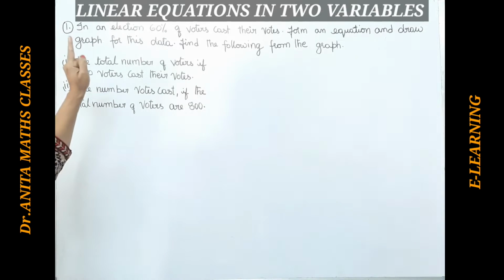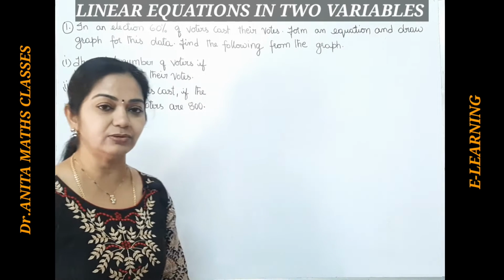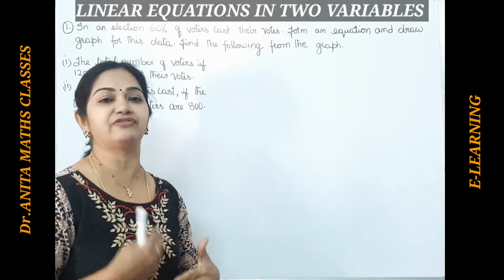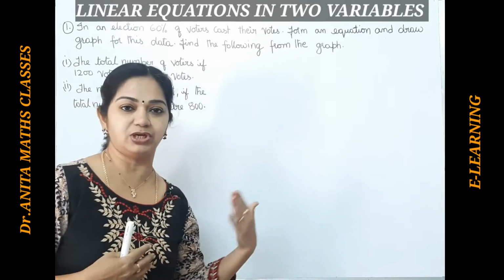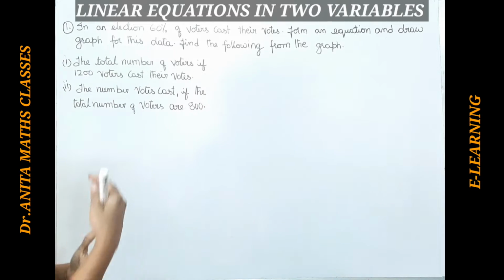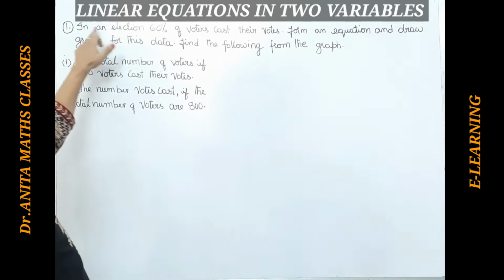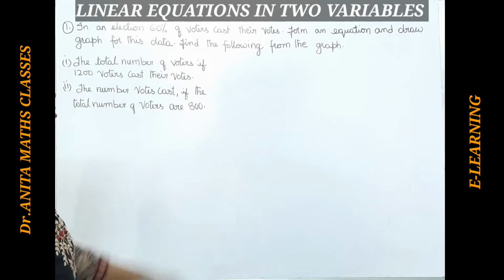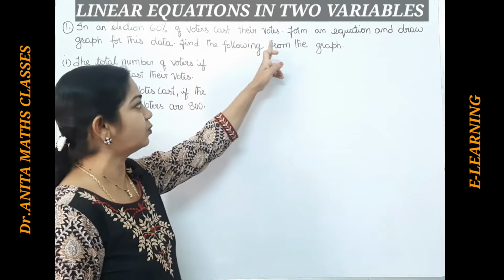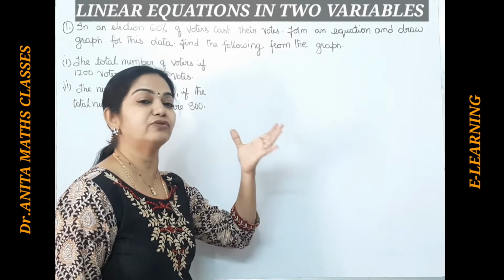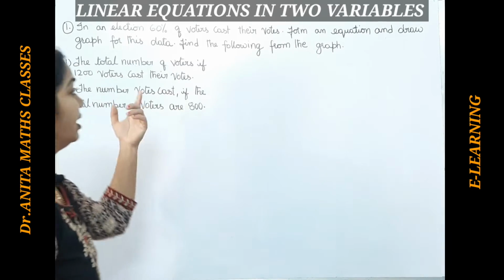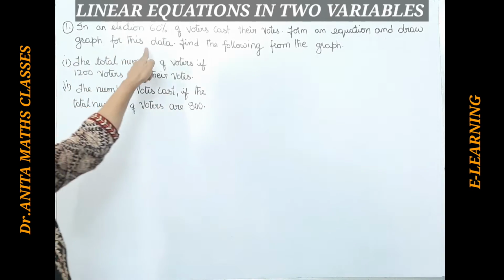Now in that, the first one I have noted down. We were doing the graphical problems in the previous 2-3 video lessons, so in that continuation, the first one: in an election, 60% of the voters cast their votes. Form an equation, a linear equation, and draw a graph for this data.